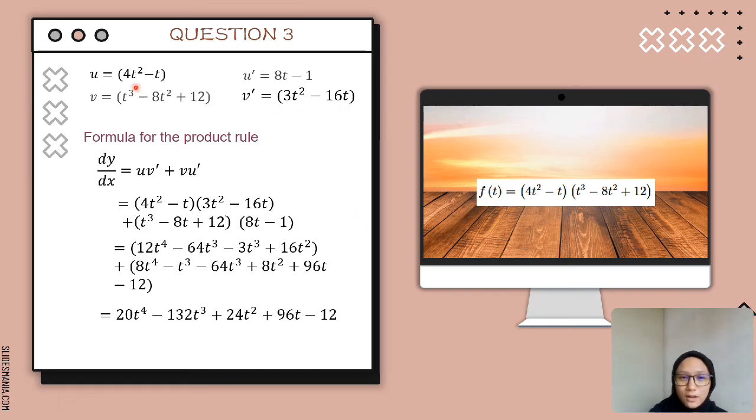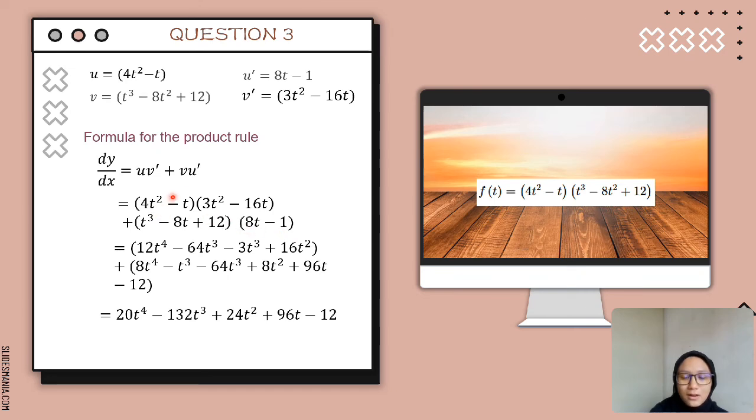After we get all of the values, we insert into our formula, dy over dx equals u multiplied with v prime plus v multiplied with u prime. So our u is 4t squared minus t multiplied with our v prime, which is 3t squared minus 16t, plus our v, which is t cubed minus 8t squared plus 12, multiplied with our u prime, which is 8t minus 1.